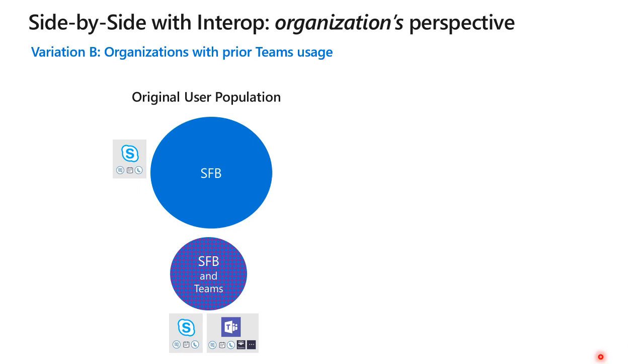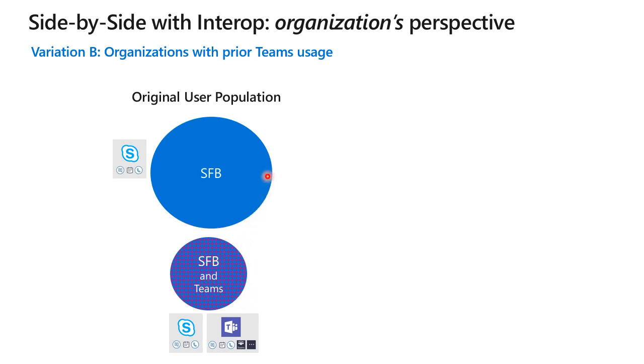Now, there's a separate variation that we can talk about with this approach of side-by-side with Interop. It's the scenario where maybe the organization jumped the gun a little bit and started to deploy the Teams application out to users, and maybe it was on purpose, or maybe users just found the application and started installing it organically, and now we have a small subset of the population that is actually using Skype for Business and Teams in the full side-by-side mode, right?